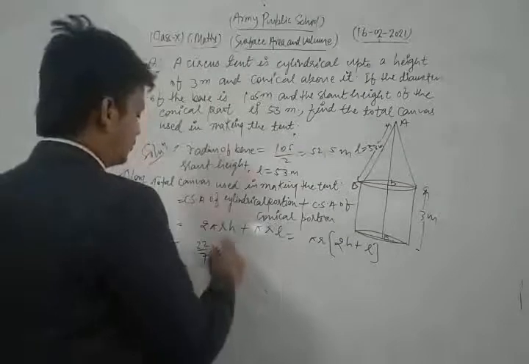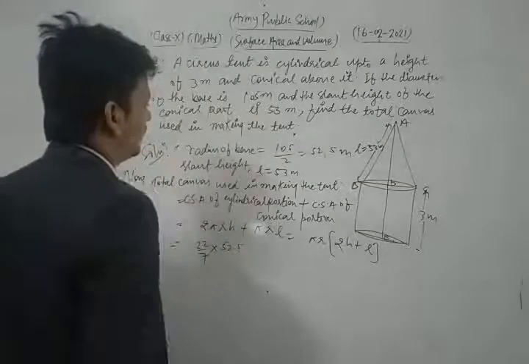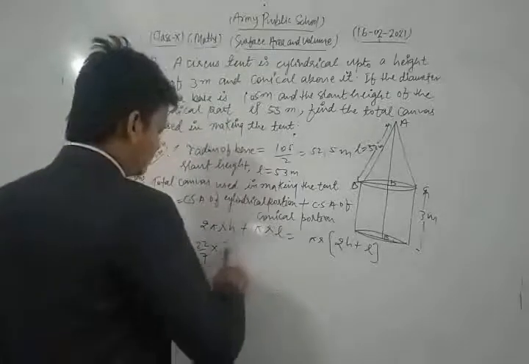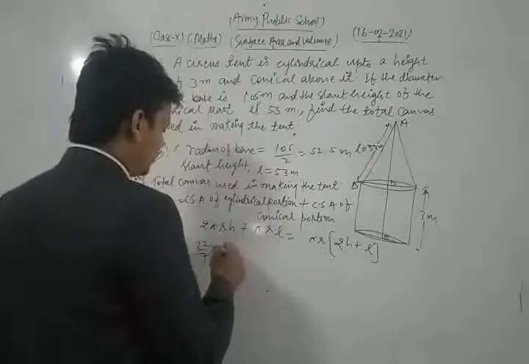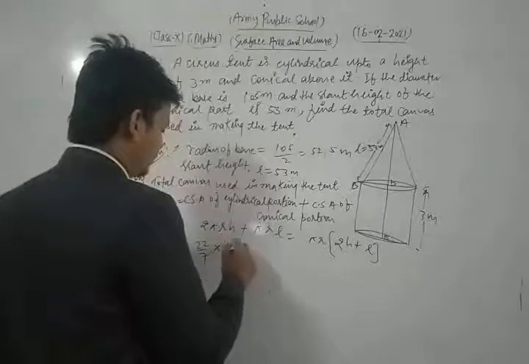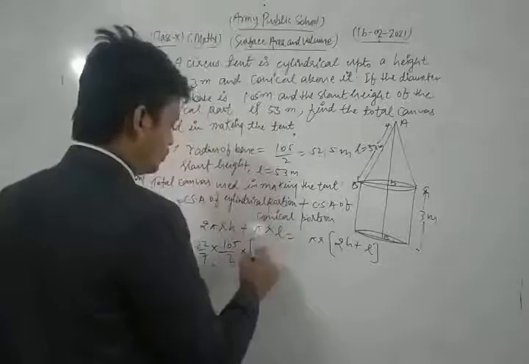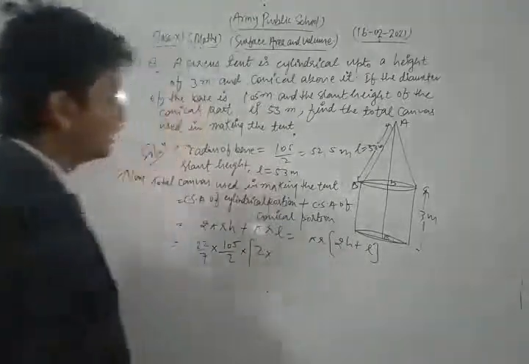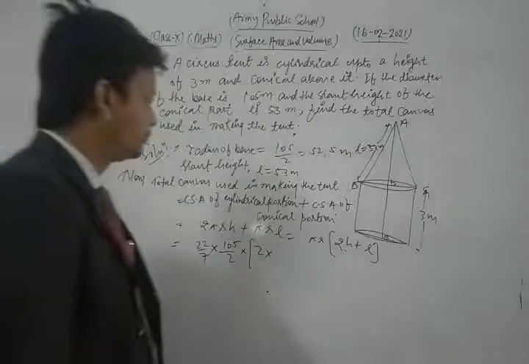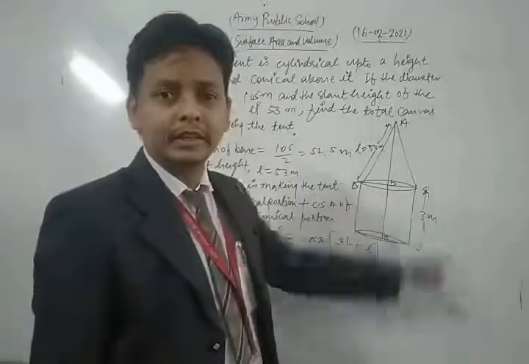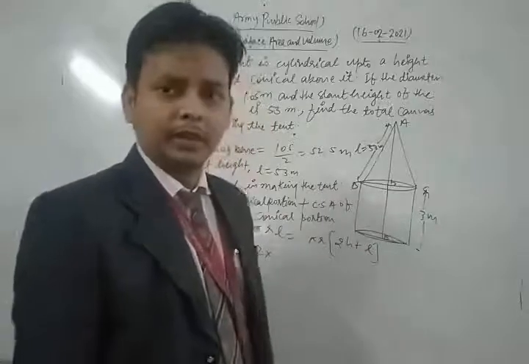The radius of the base is 52.5, or we write simply 105 upon 2. Into 2 into h, where h is the height of the cylindrical portion, 3 meters.